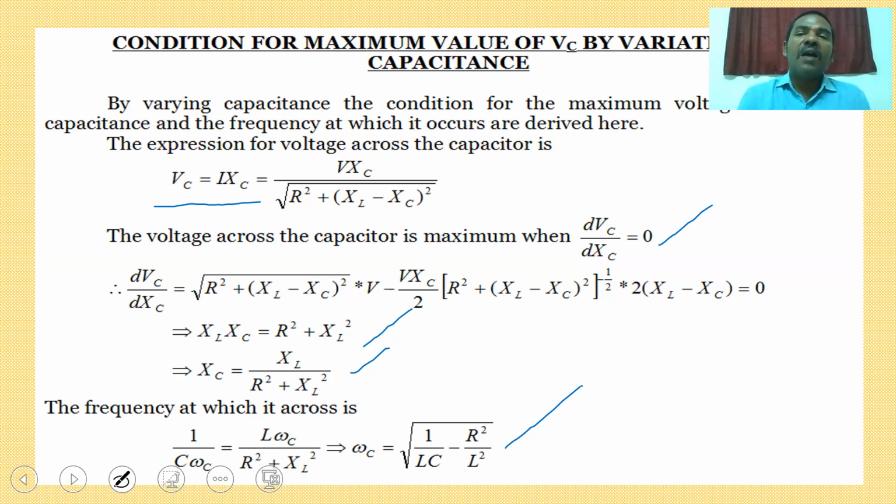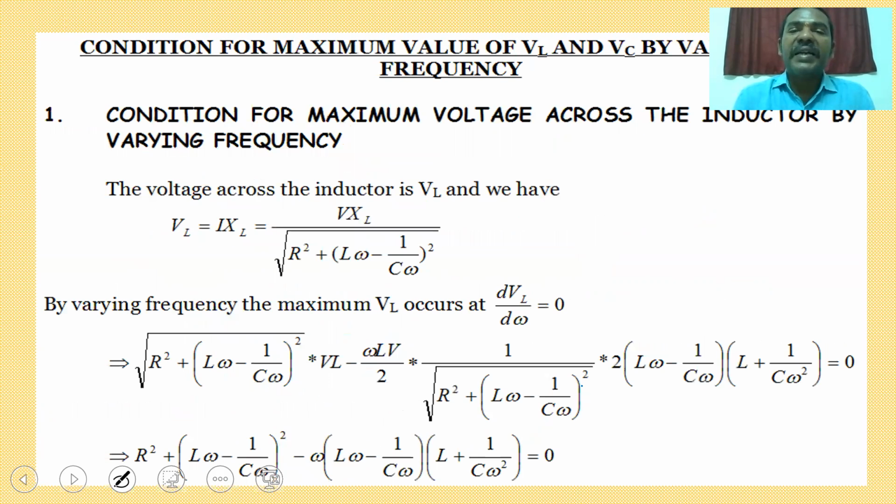Then similarly, I am going for the condition for maximum value of VL and VC by variation of frequency. So initially inductive reactance you varied, capacitive reactance you varied. Now you are going for variation of frequency. So voltage drop across the inductor VL is equal to I into XL.